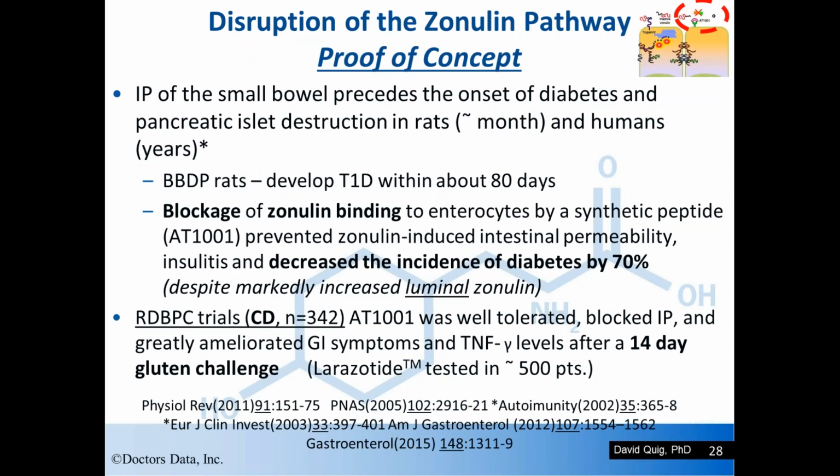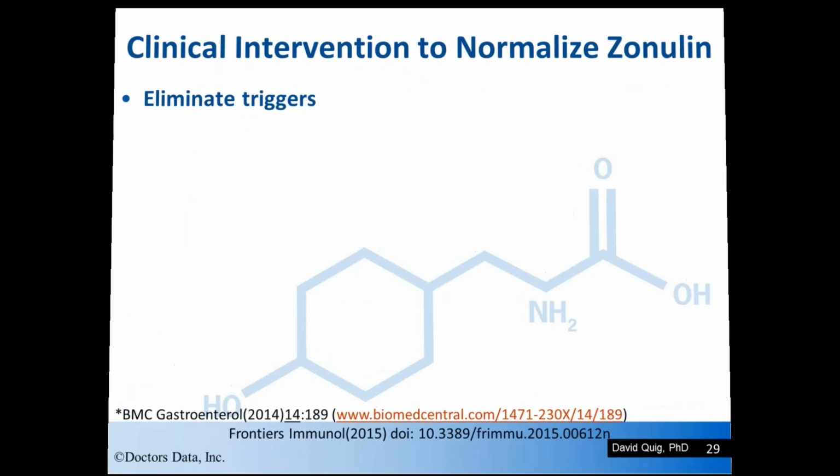Imagine taking celiac patients and subjecting them to gluten. Now, this synthetic peptide has been trademarked as larazotide, and it's been tested for safety and tolerance in over 500 patients at this point in time.